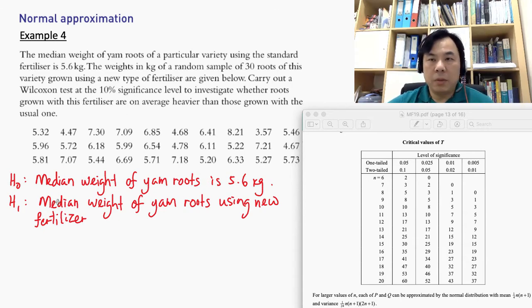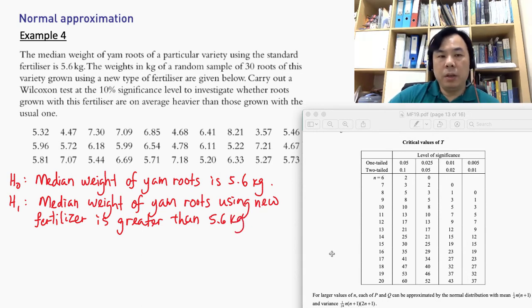So we make assumptions that for the alternative, the median weight of yam roots using the new fertilizer is greater than 5.6 kg.